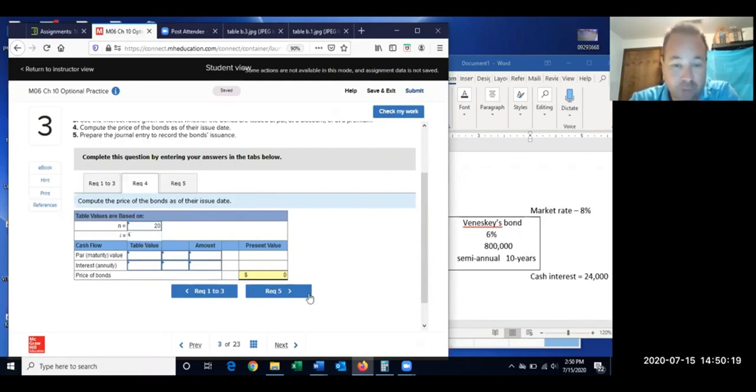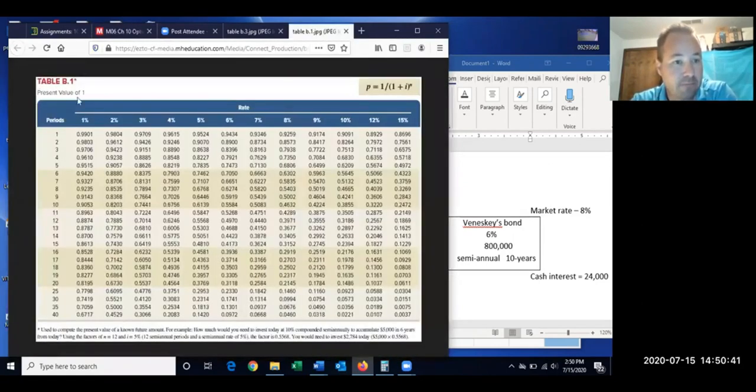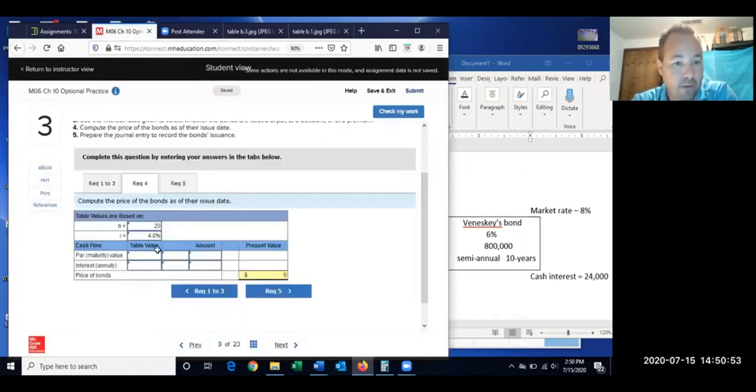All right, so now we're ready to go to our charts. It says, okay, what's the table value using the X and Y axis for that first present value number of the lump sum, that par value. So I'm going to go up to my par value, my lump sum, present value of $1. Go to N is 20, I is 4, and we got 0.4564.